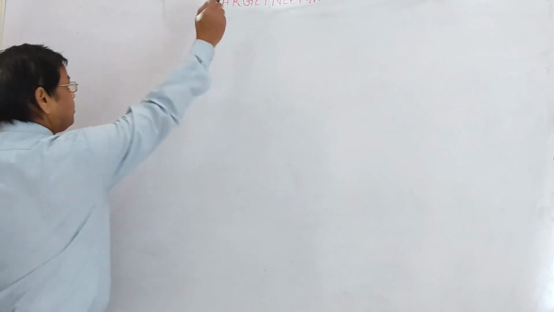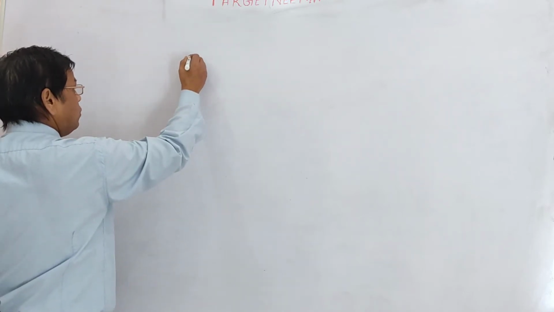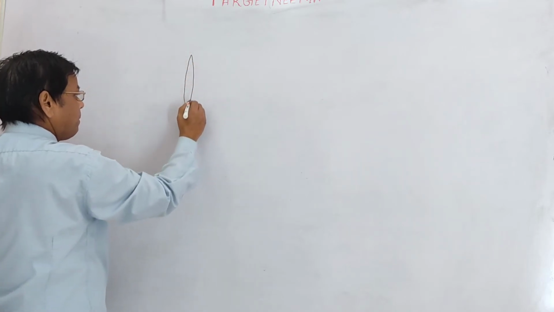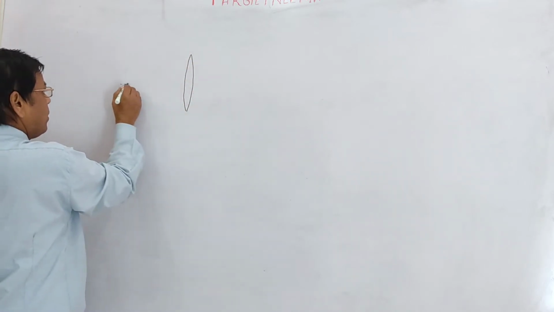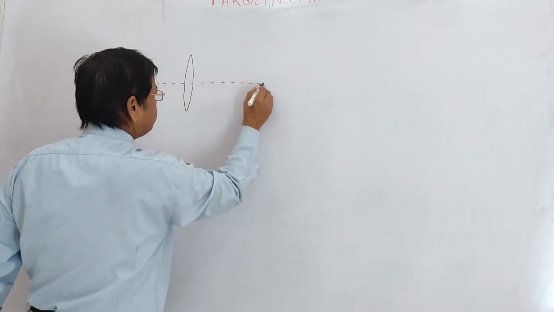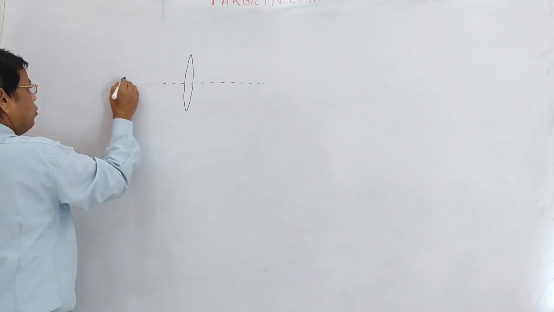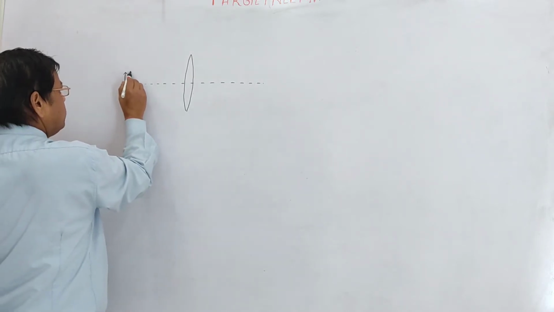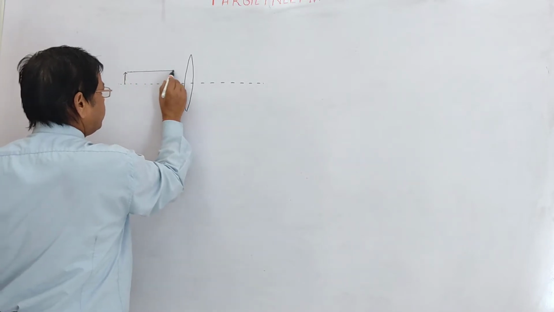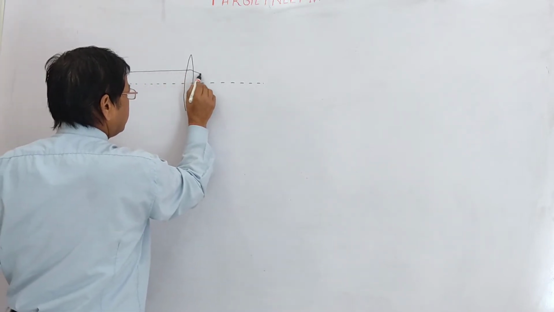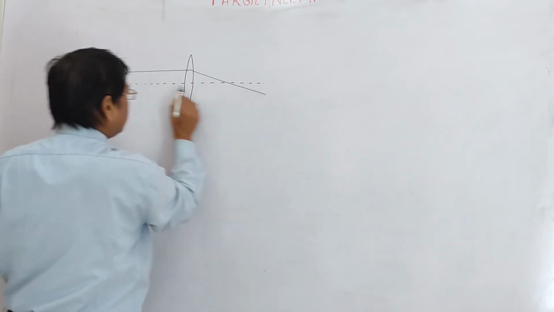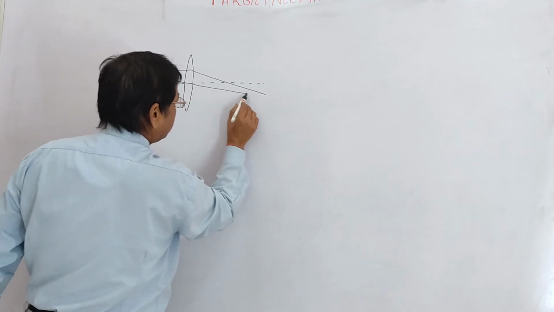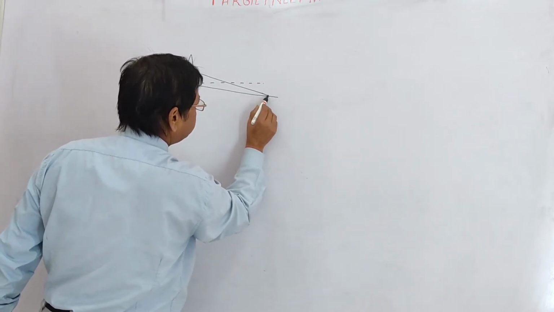Suppose this is a convex lens, this is the principal axis, and suppose this is the object and its image is formed somewhere here.